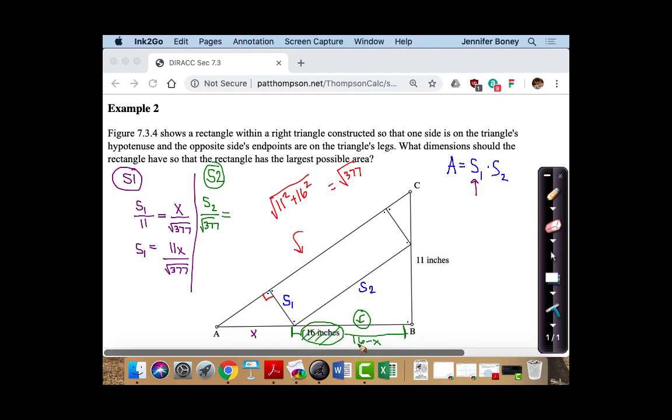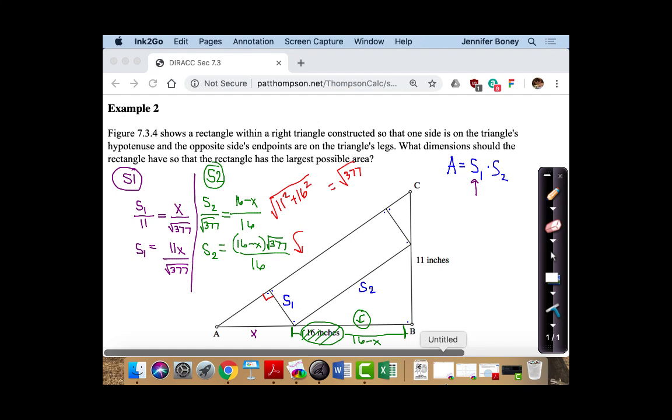So 16 minus x, the part of this smaller triangle, is related to this full bottom side, which is 16. Or I can say that side 2 is just multiplying by that radical expression, 16 minus x times root 377 all over 16.